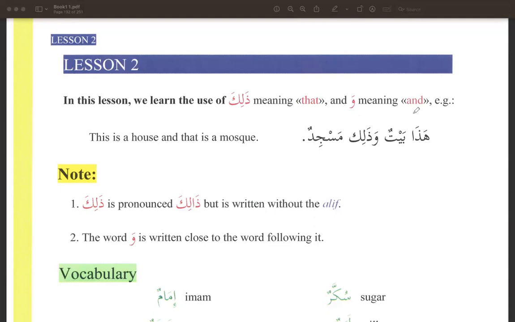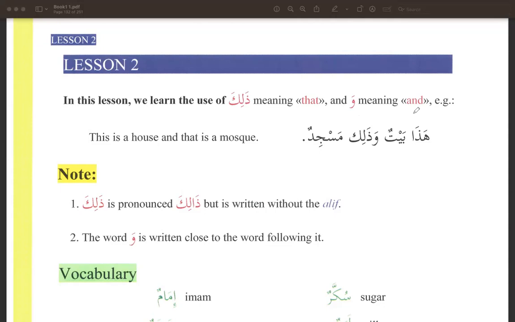Does anybody know the difference between hada and dhalika? There's a subtle difference. Who can tell me? Perhaps some of you have already heard about this before or studied it in a class prior to this. It's the closer thing. MashaAllah, very good. Yes. So hada refers to something close.